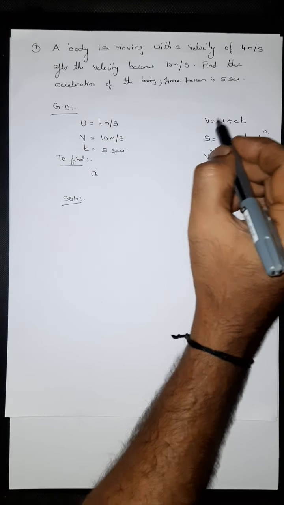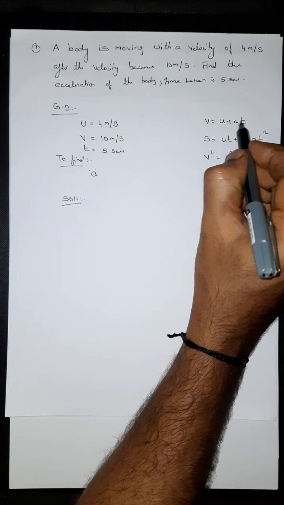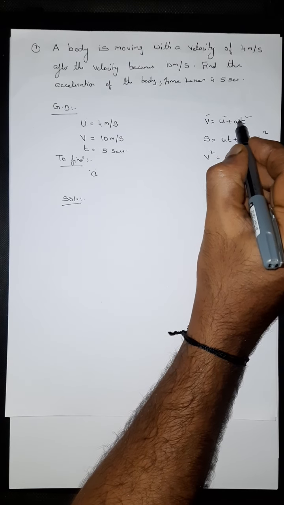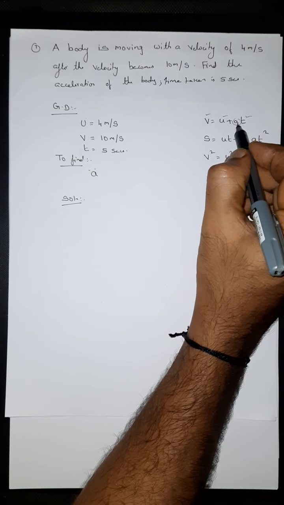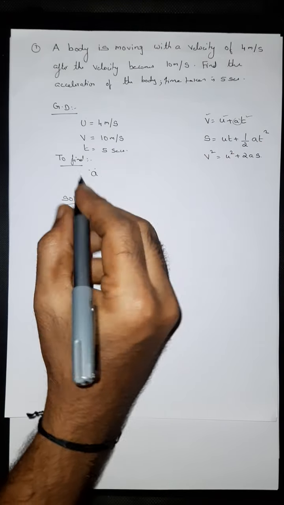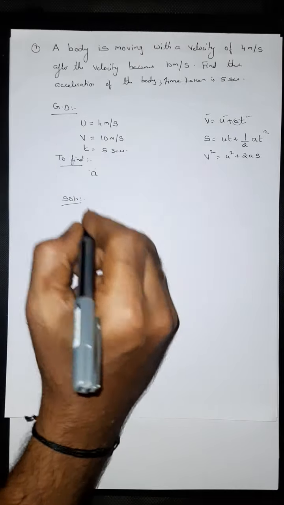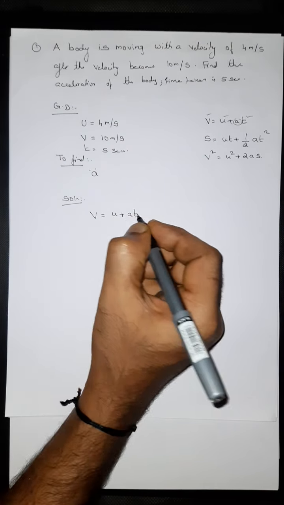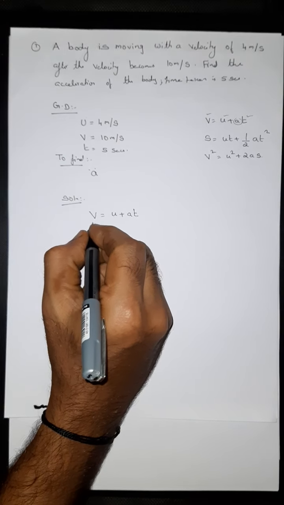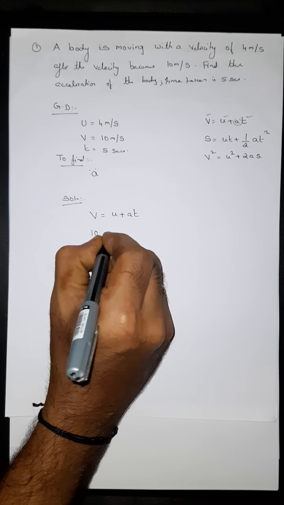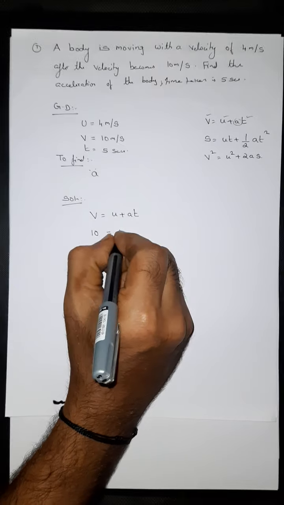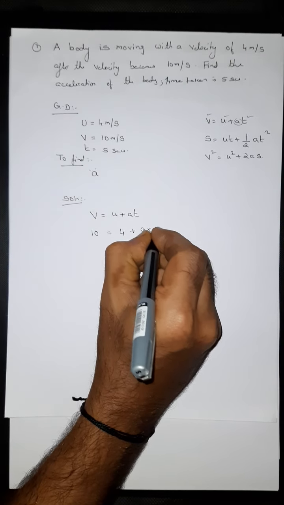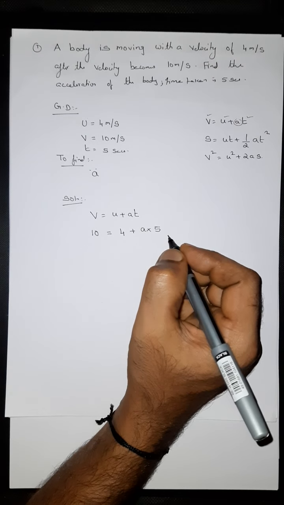Look at this formula, v is equal to u plus at. v is given, u is given, time is given. So easily the a can be found. So this is the suitable formula here. v is equal to u plus at. v is equal to 10 meter per second, u is equal to 4 meter per second, plus a into t, time taken, is 5 seconds.